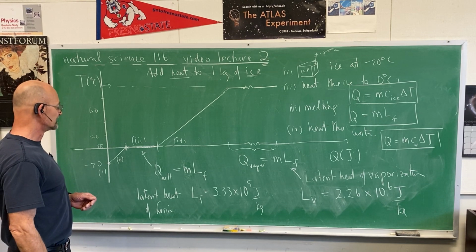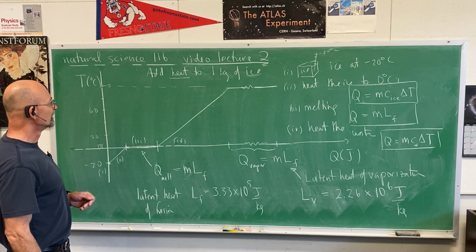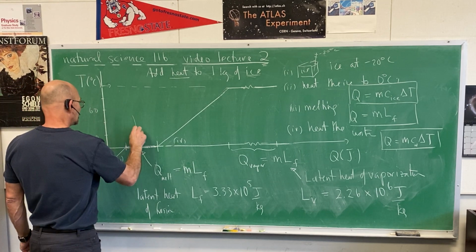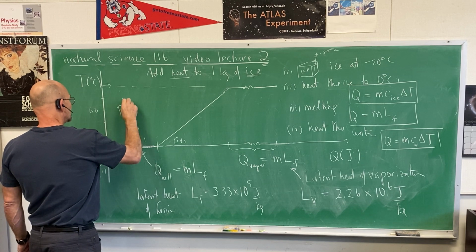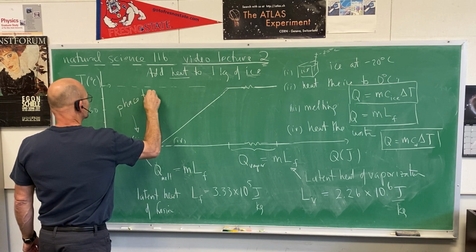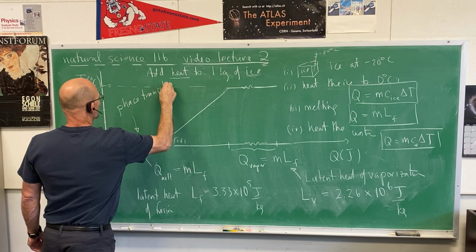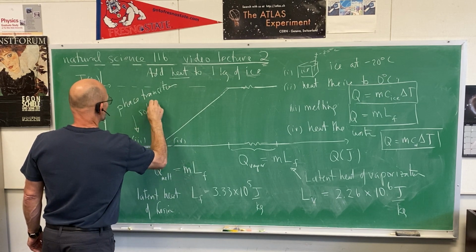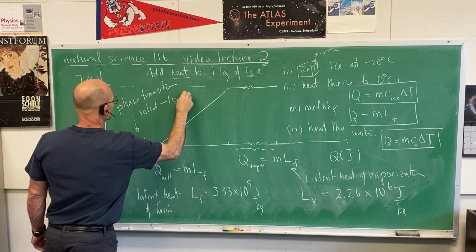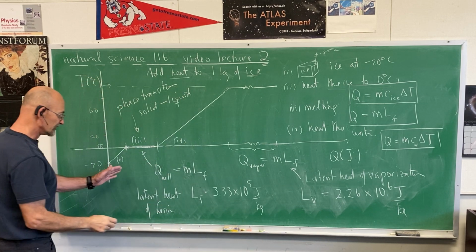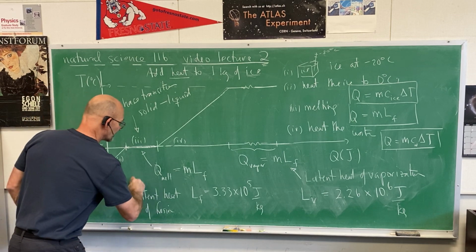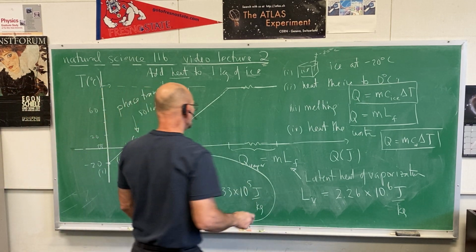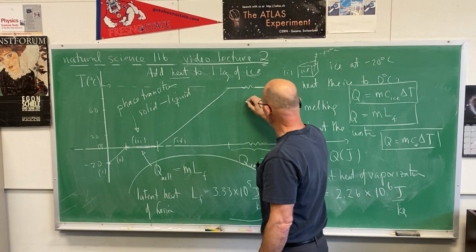Energy is involved in a great way. So this here was the phase transition, solid to liquid, and it involves this much energy, right here. And then this here was also the phase transition.